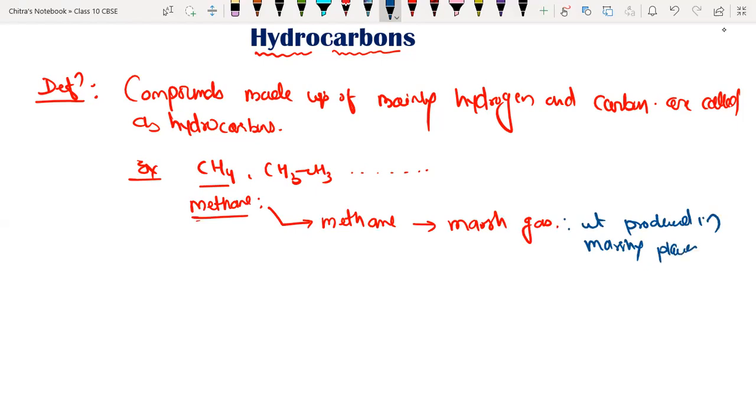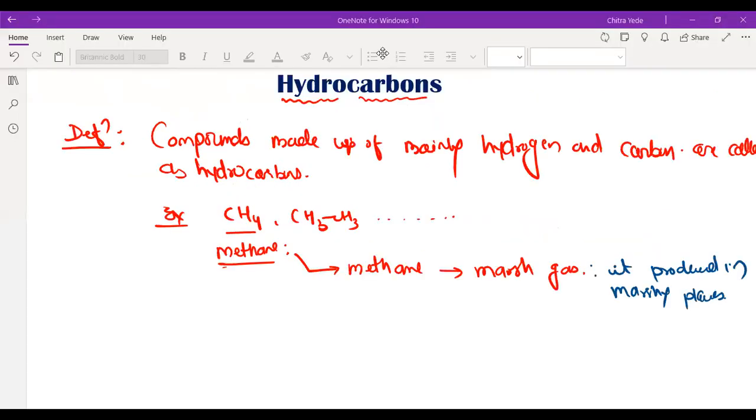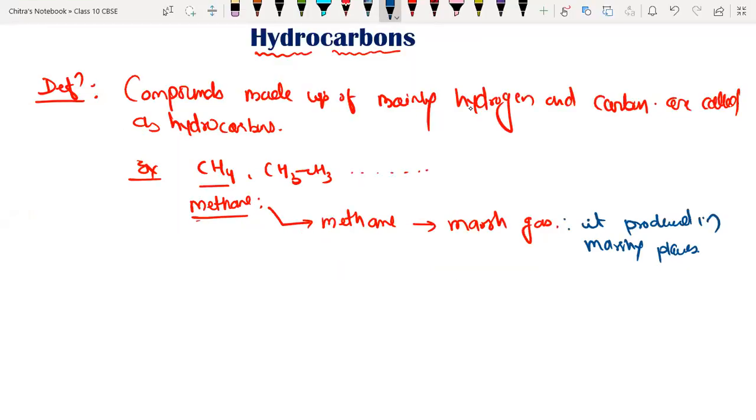Marshy means, in Hindi, what we call daldal area, where most of the compounds undergo decay and decomposition, and during the process methane gas is formed. That methane gas is produced in marshy places, that's why it is also called marsh gas. Understood that point?